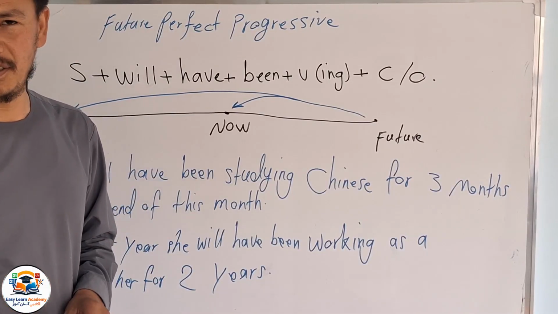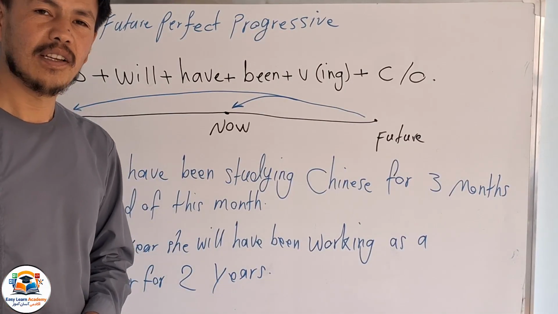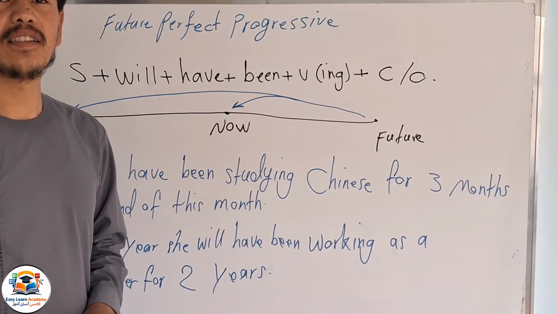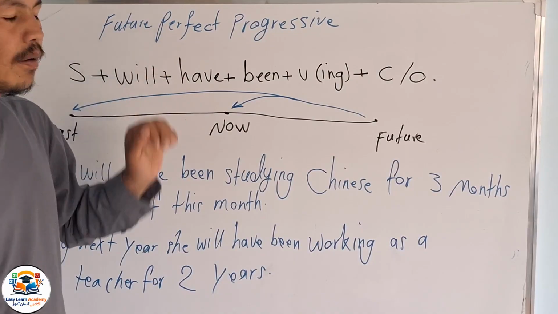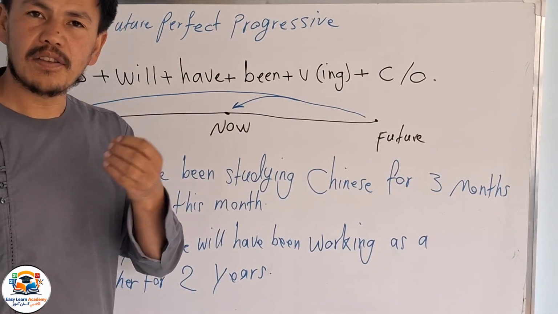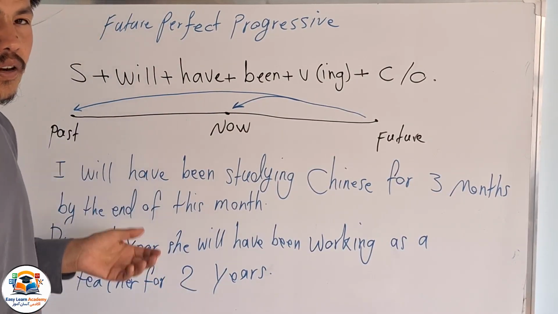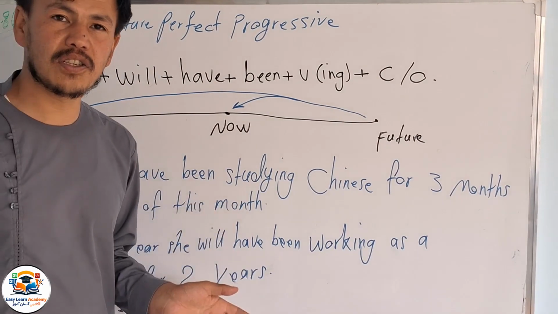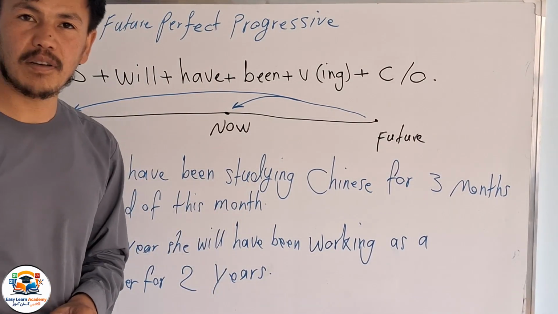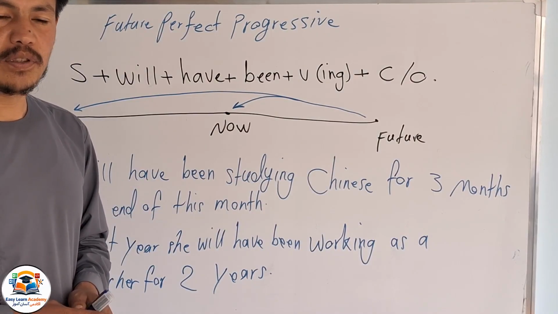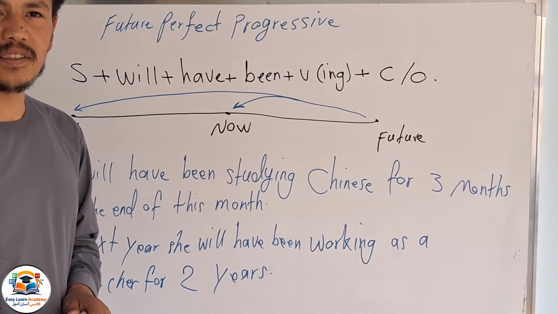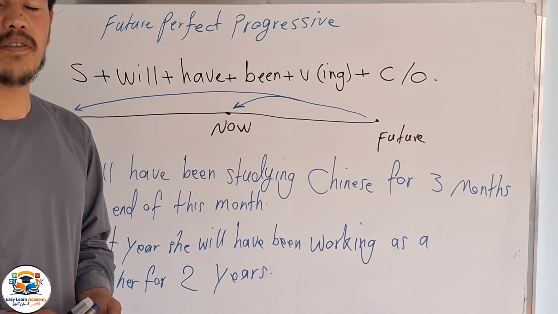I'm sure this video will really help you to understand the structure and the meaning of future perfect progressive. As I have uploaded many videos regarding tenses in English, if you haven't seen my videos, please check the link which I put in the description and have a navigation on my channel.